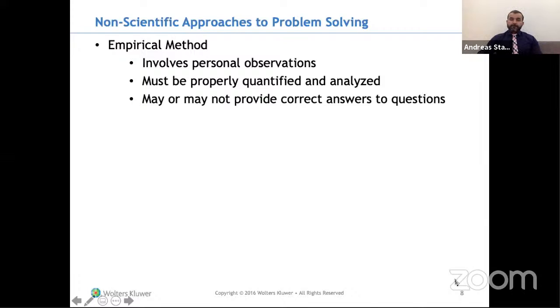If we don't properly, as you can see, quantify and analyze it, the specific conditions, why it happened, how it happened, and everything, then we're going to end up with something that's very non-scientific, and it's problematic because it reminds me of a very well-known bias, which is availability.